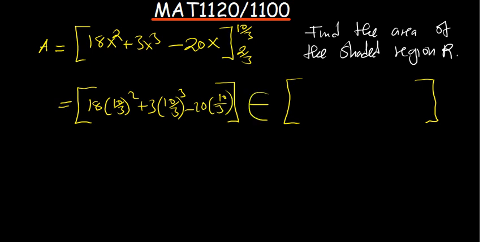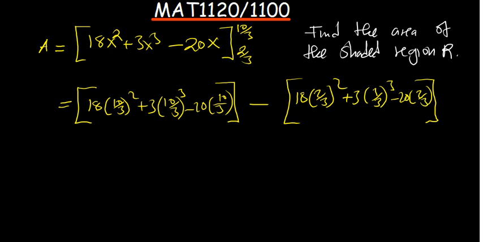And then always subtract. You write it again, but where there is x, you are going to substitute the lower limit. That is going to be 18 (2 over 3) squared plus 3 (2 over 3) to the power 3 minus 20 (2 over 3).